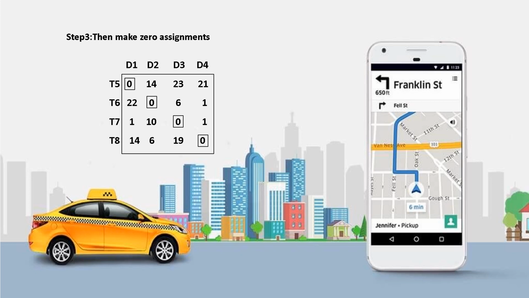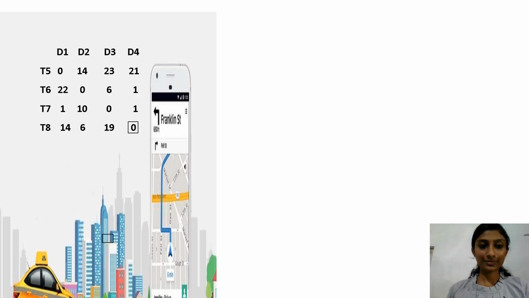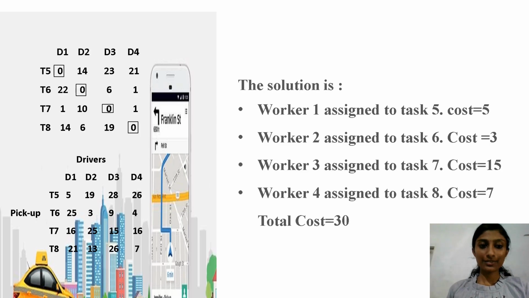We give the assignment for each 0. We completed the zero assignments, and this is the solution for the problem. Finally, we have the zero assignments and we are near to our solution.